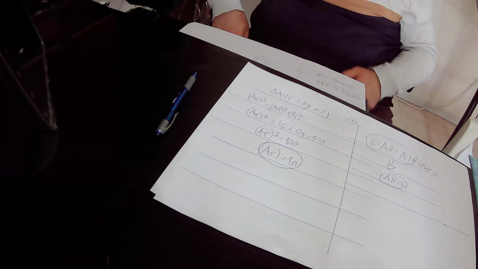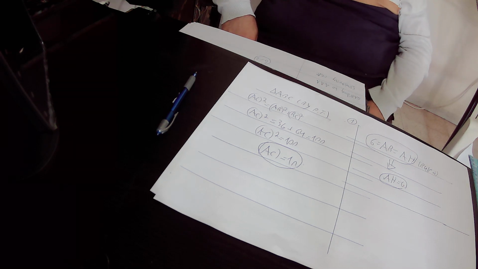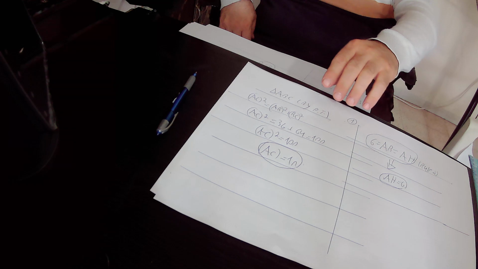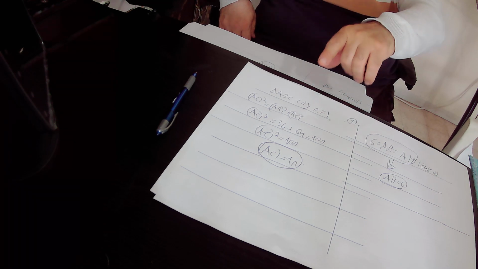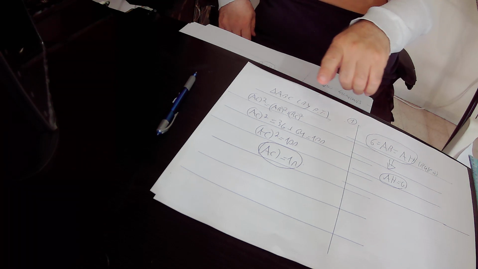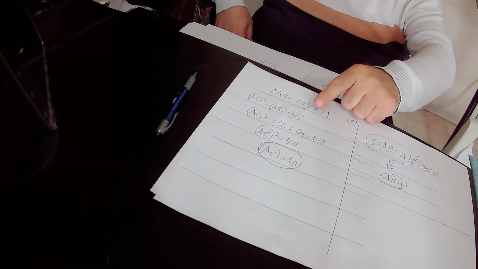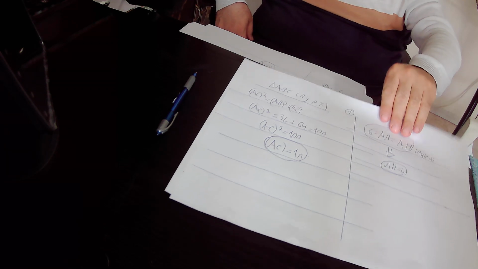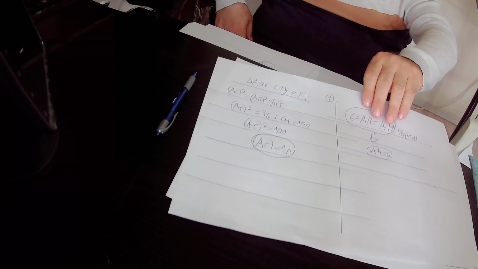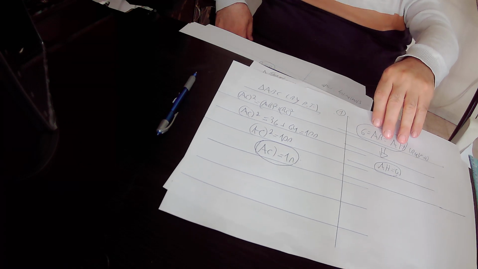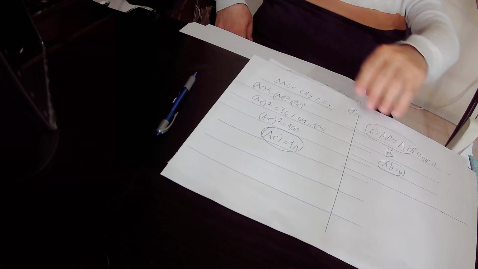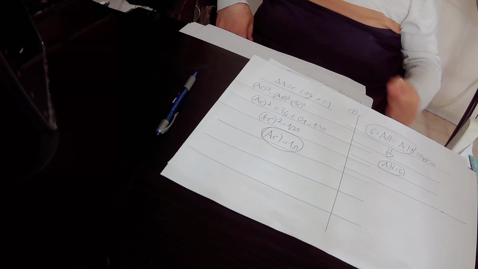AC is the missing side, so leave it as it is. So AC square equals AB square. AB is 6, therefore AB square is 6 squared, that is 36, plus BC square. BC is 8, therefore BC square is 8 squared, that is 64.